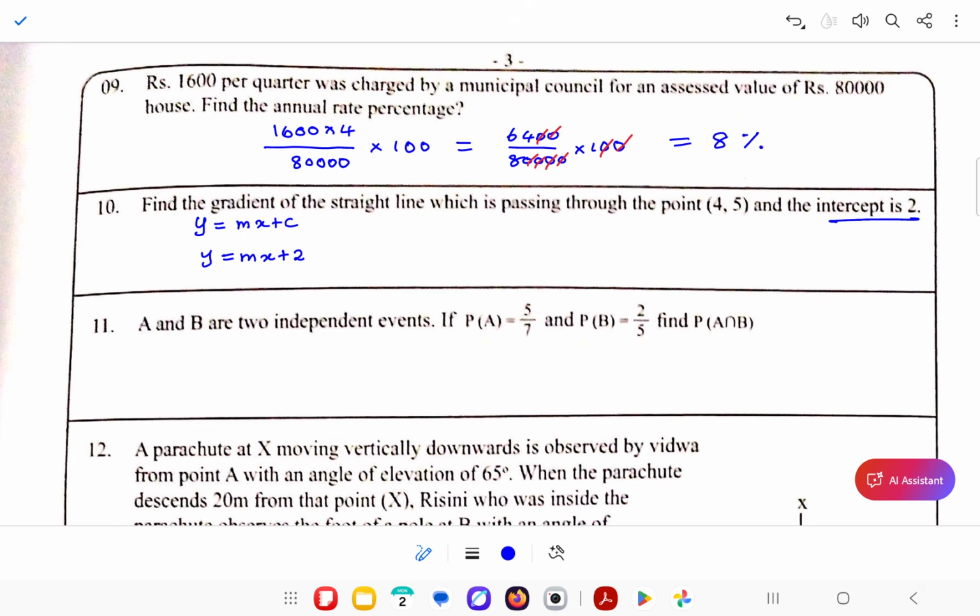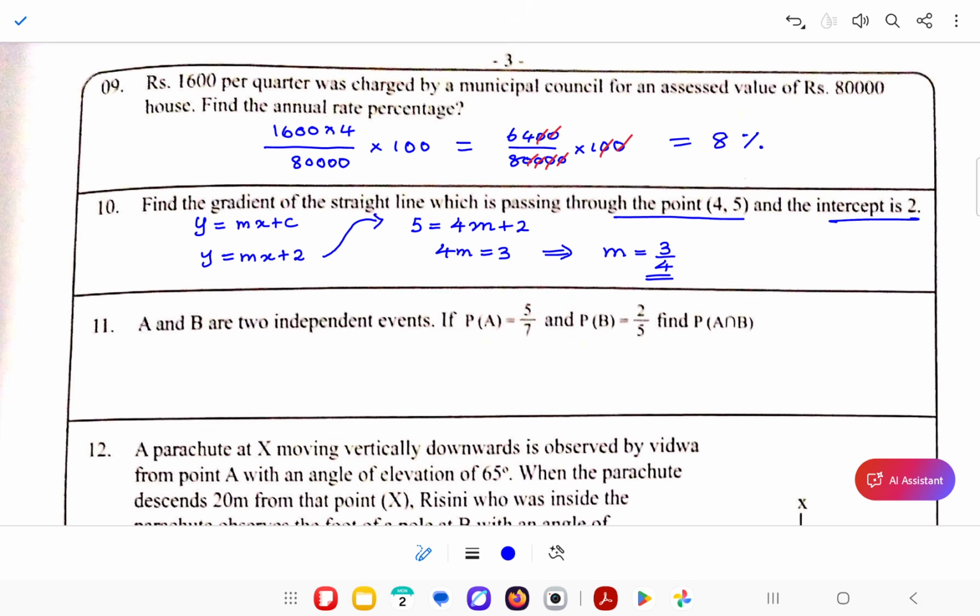And this straight line passes through this point, no? 4 comma 5. So substitute the point here. So you get y equals 5, x is 4. So 5 equals 4m plus 2. That means 4m is equal to 3. And the gradient is what? 3 over 4. That is what we wanted to find.